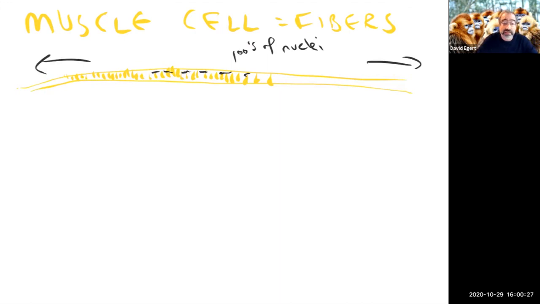They can be over a foot long. So just putting it out there, they're very atypical cells, which is going to be very different. The smooth muscle and the cardiac muscle are more normal mononucleate cells. So this is, again, skeletal muscle cell.